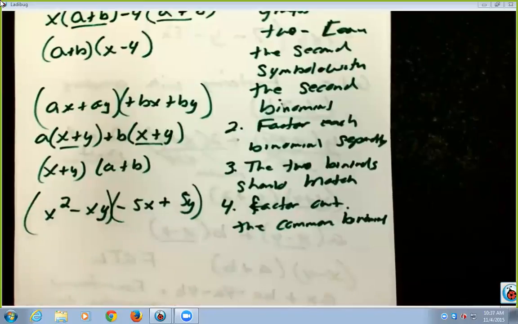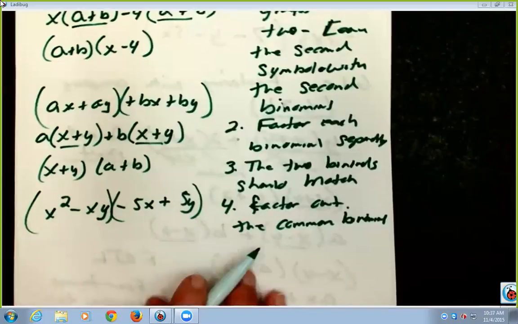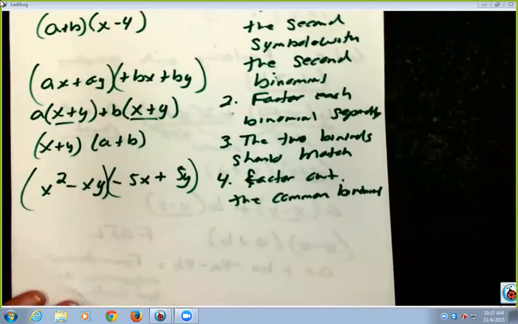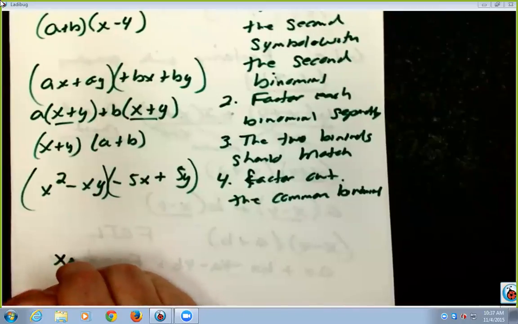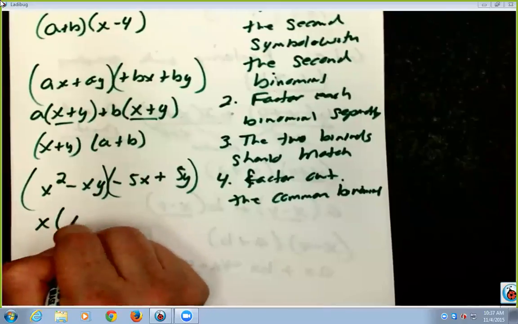So we group it in twos. So what do I get? Do you guys have an answer? Maybe you already got an answer down here. What would my answer be? Do you have x minus, what was it? Oh, okay, you're up here.